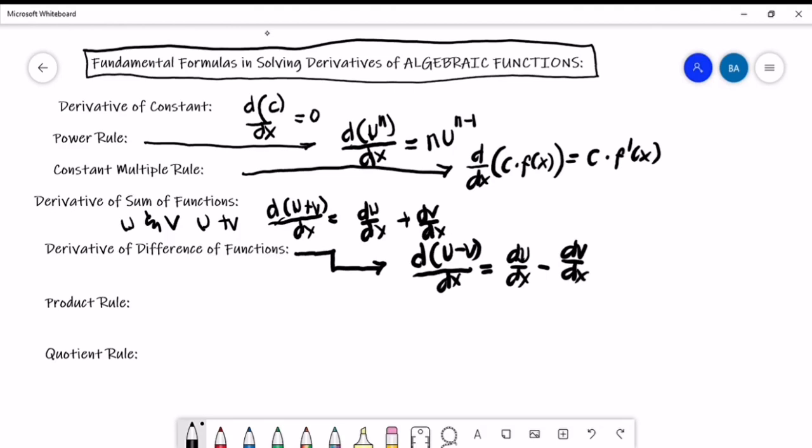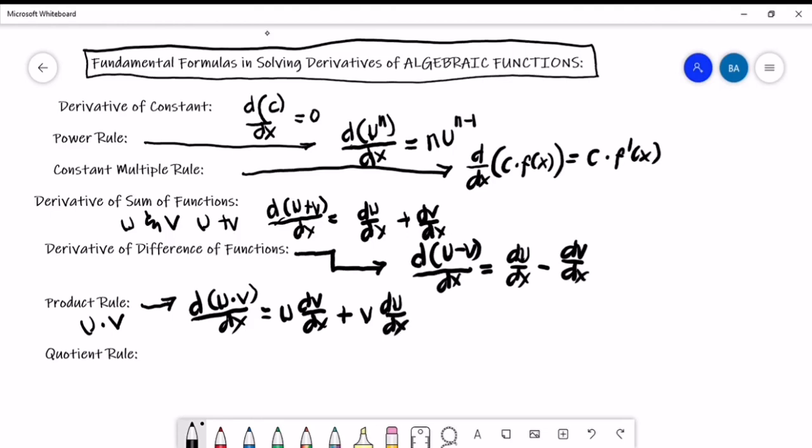The next one is about the product rule. So if we have a product, let's say the product of two functions u times v, based on the theorem of the product rule, the derivative of u times v with respect to x is equal to u times the derivative of v with respect to x plus v times the derivative of u with respect to x.